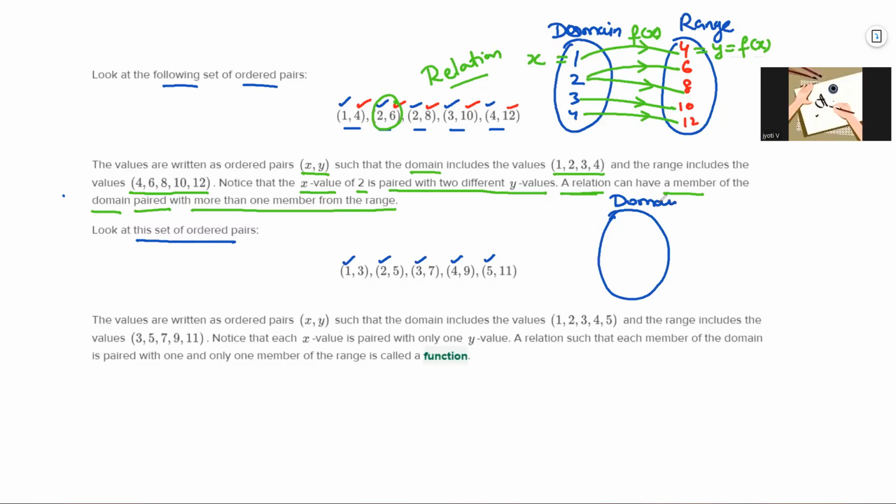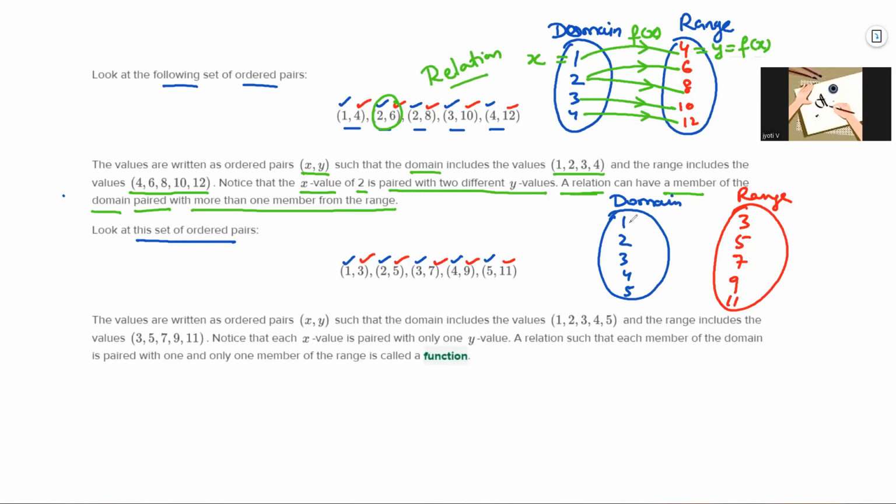And the second numbers, 3, 5, 7, 9, and 11, form the elements of the range set. Now let's understand the mapping between these two.